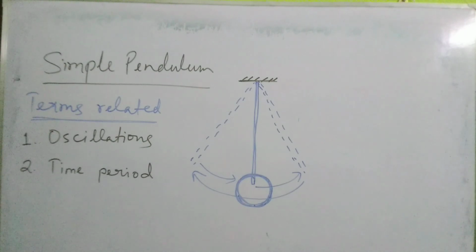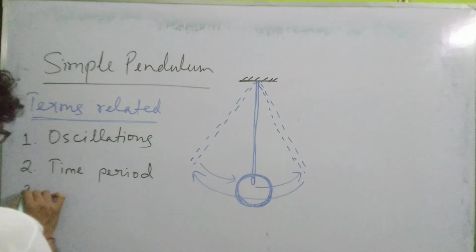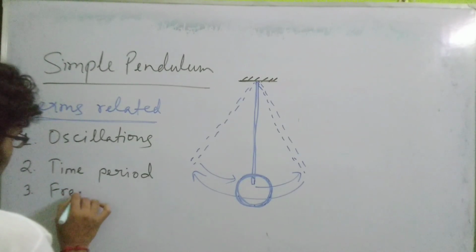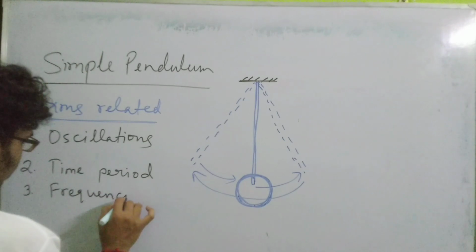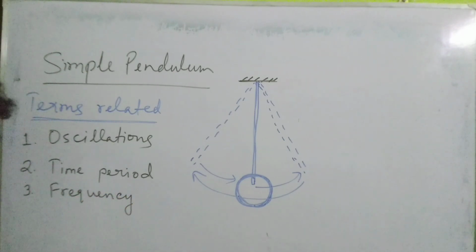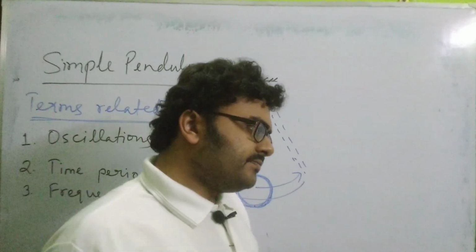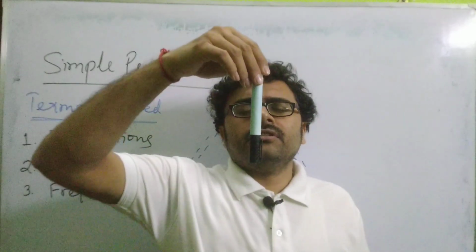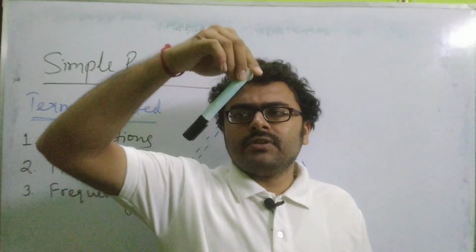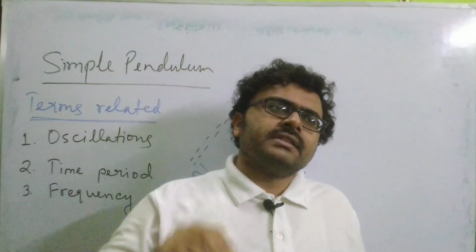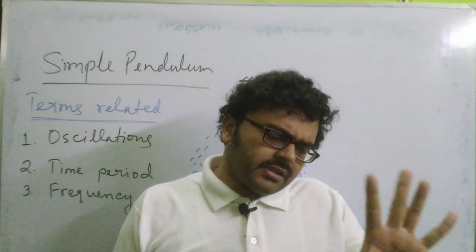Next, the third term that comes is frequency. So what is frequency? Now see, as I have said, say when the bob moves like this to and fro and completes one to and fro oscillation, say it takes 3 seconds, just for example.